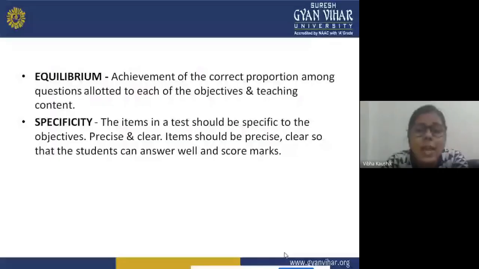Now, the next characteristic is specificity. It means the test items should be specific to the objectives.